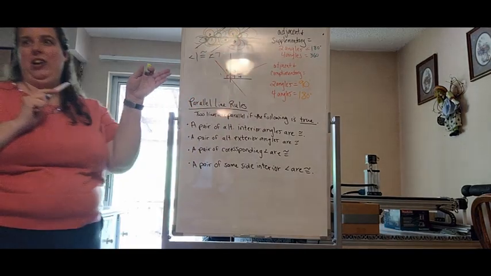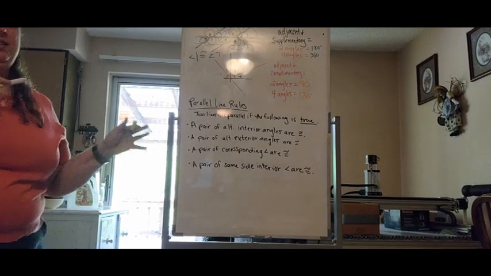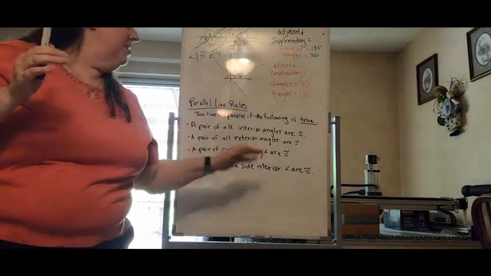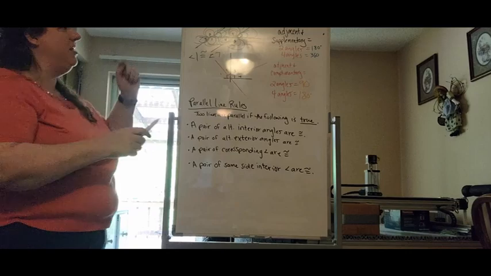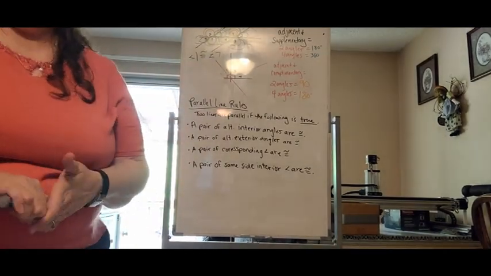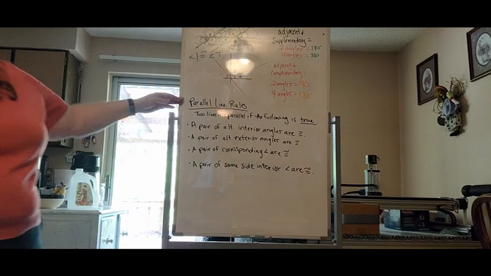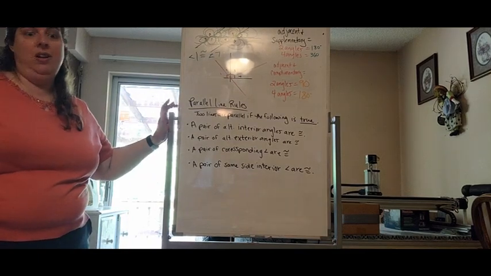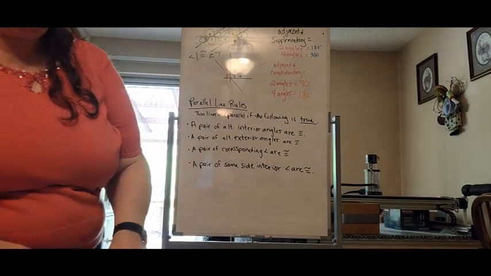There are 4 in there. Same side interior. Same side exterior, same thing except it's exterior. Okay? You understand the parallel line rules? Good, you'll need them for this assignment. Okay.